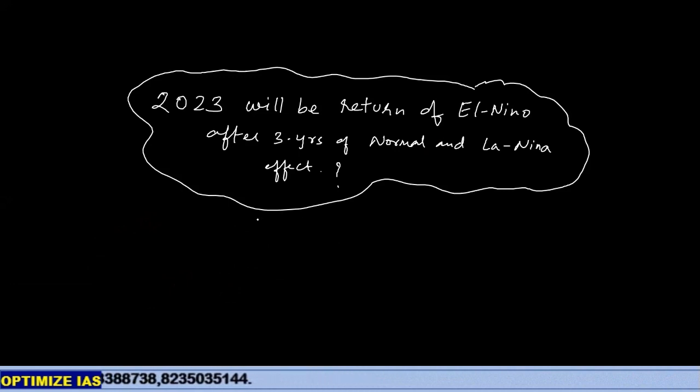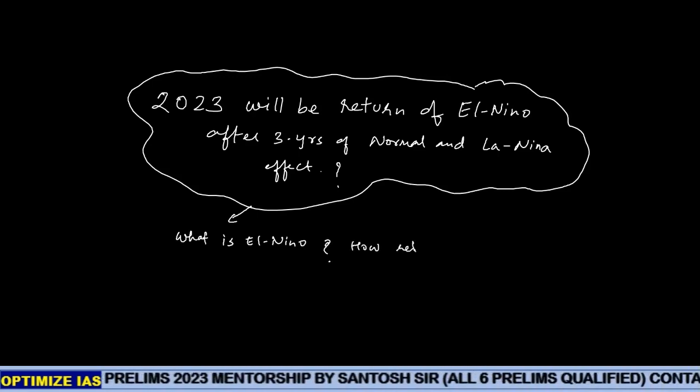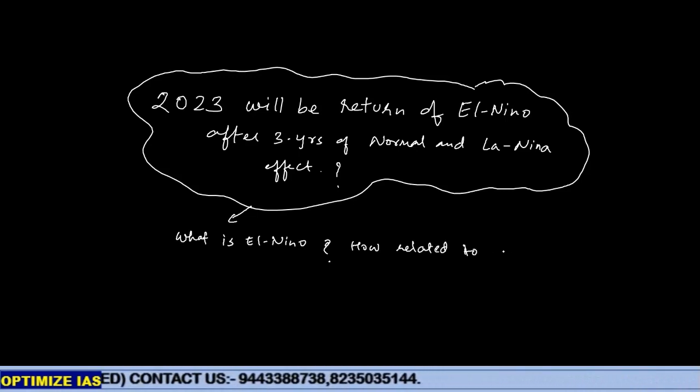So a few questions might be there. How does El Nino arise? What is El Nino? How is it related to the ENSO effect, El Nino southern oscillation effect?